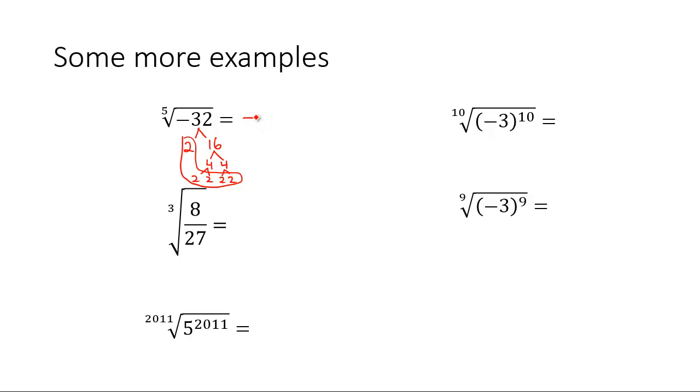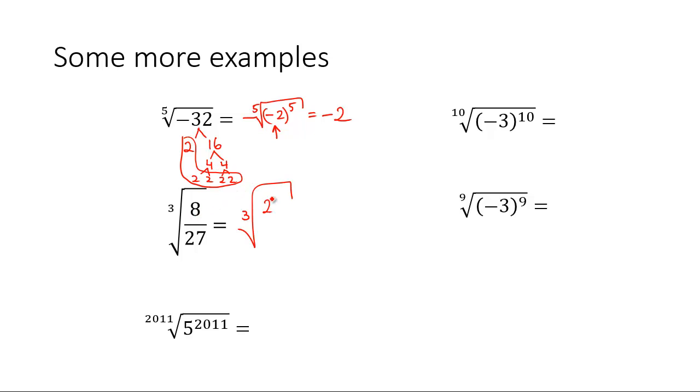So we've got the fifth root of negative 2 to the power of 5. Because it's a fifth root, we're saying what to the power of 5 gives us this number. Well, we've already found that: negative 2. Again, it's nice to write your numbers as powers if possible, or as products of powers.